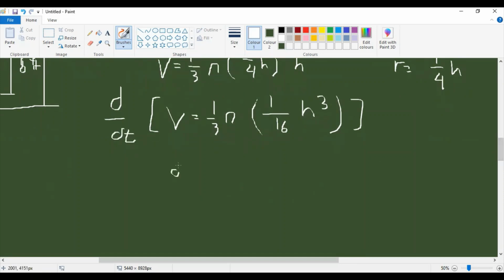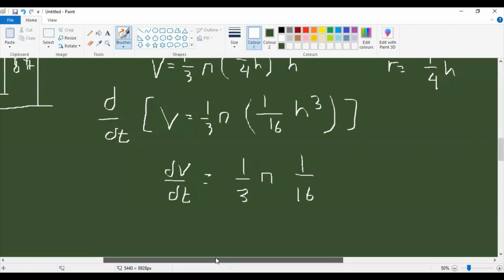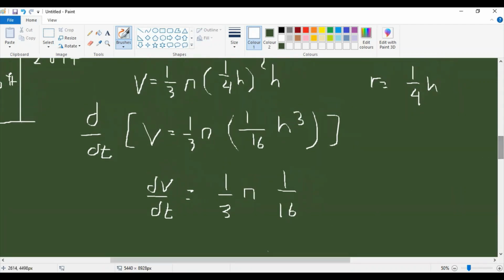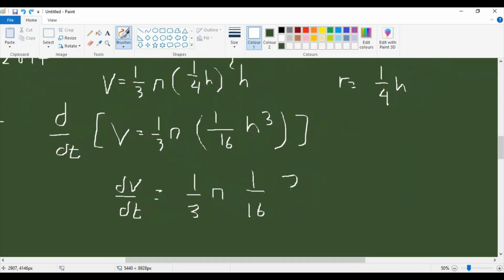So this will become dV over dt equals 1/3 pi 1/16. Then we derive h cubed, that will become 3h squared. We use the power rule for that. Then with respect to time, we have dh over dt.